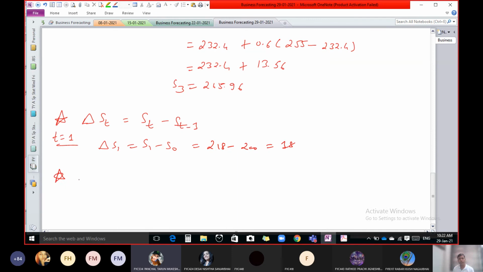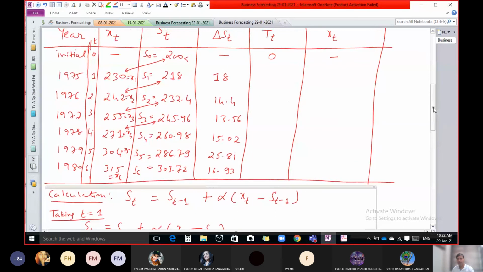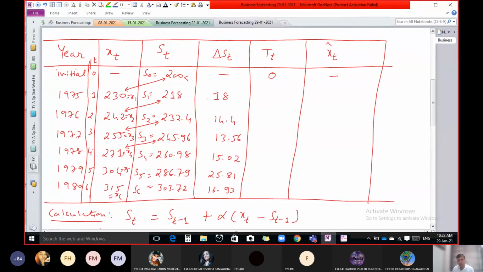Okay, the next calculation is the trend value at time t. Now see what we have to do. How to calculate? To find this value, you have to multiply this by alpha, multiply this by 1 minus alpha, and add these two.